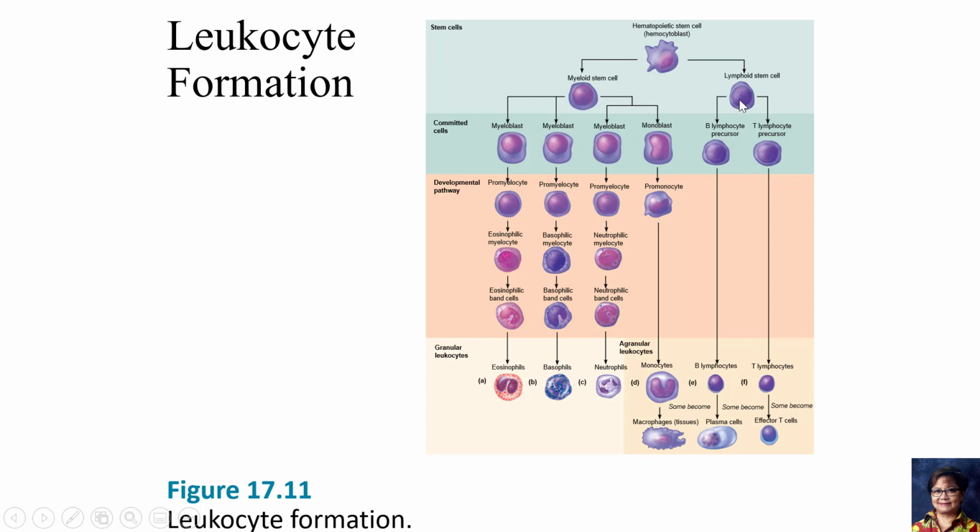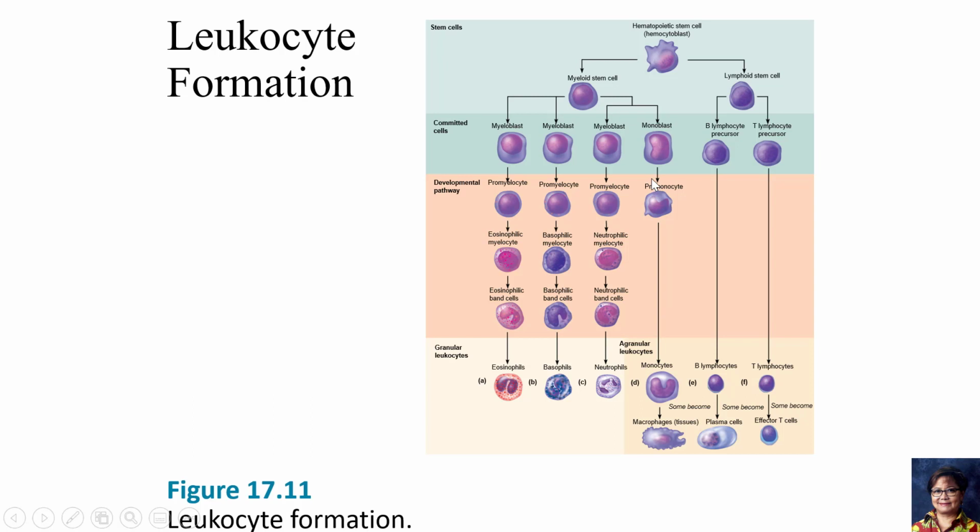If it differentiates into a lymphoid stem cell, then the hemocytoblast is committed to become either one of the two lymphocytes, the B or the T cell. However, if it becomes a myeloid stem cell, it is committed to become any one of the four. Therefore, it would still need to receive another prompt from a colony stimulating factor to become any one of the four.